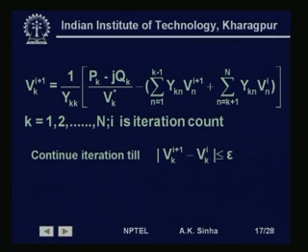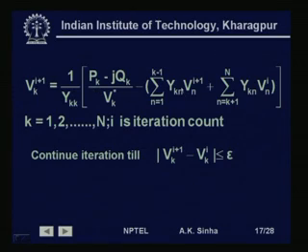So, those 4 bus values, the updated values, can be substituted here. So, this helps in getting a better solution faster or reducing the number of iterations required.